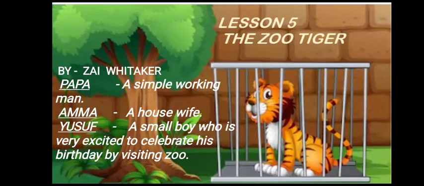First character is Papa. He is a simple working man. Second character is Amma. She is a housewife. And the main character is Yusuf. Okay? A small boy who is very excited to celebrate his birthday by visiting zoo. Yes. Now you can remember about the zoo tiger.